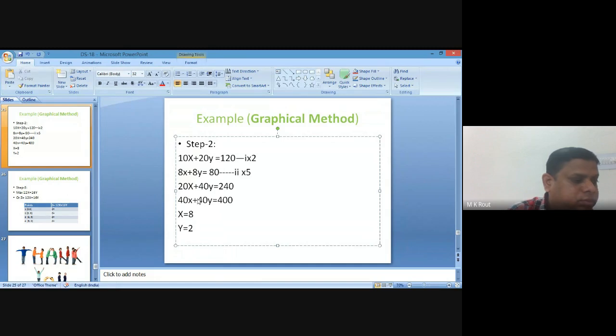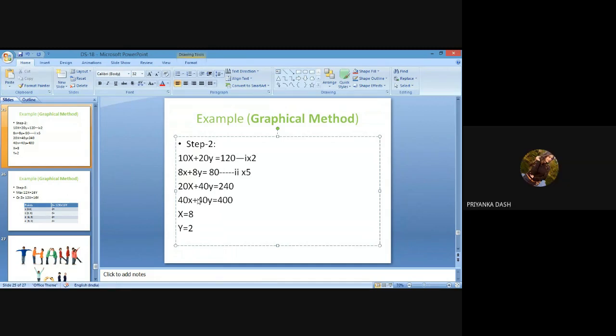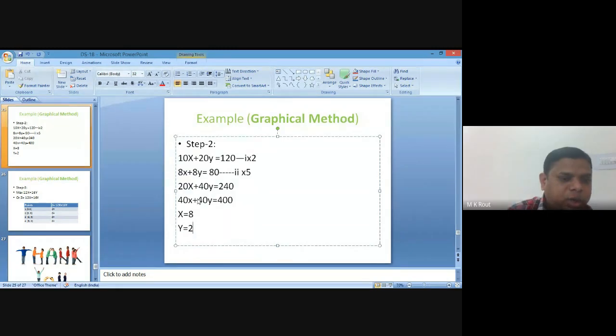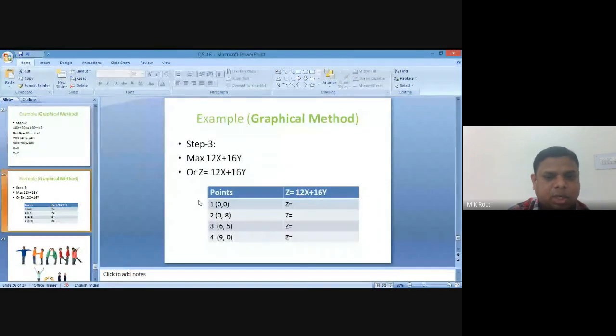Clear? Yes, sir. Which values have you taken in the calculation? If you have pen and paper, draw these lines, and the corner points should be chosen.